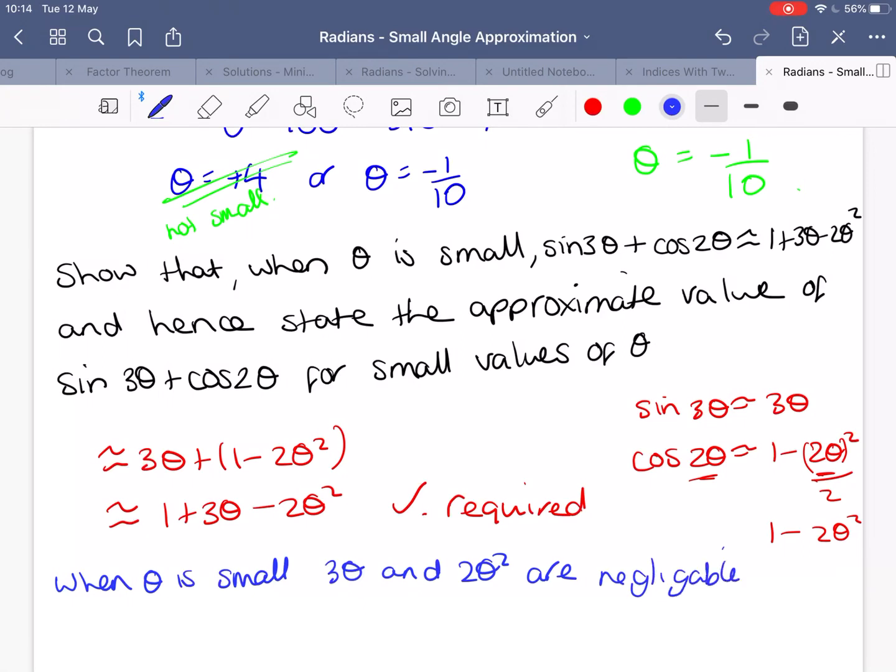So actually, sine 3 theta plus cos 2 theta is going to be approximately 1 because effectively those two bits cancel out. It's a bit like when you said as theta tends to 0. It's almost asking the same sort of thing. If theta is small, what is that going to be approximately? Well, it's going to be around 1.